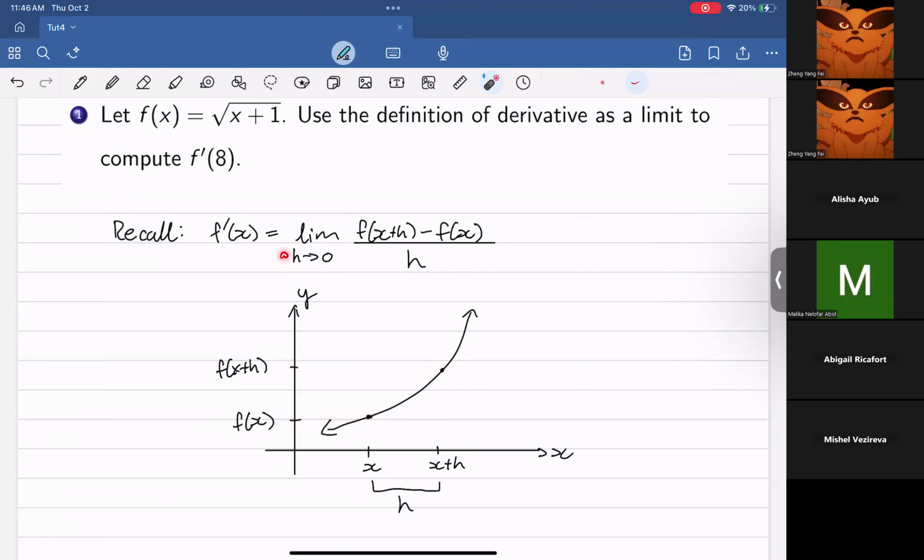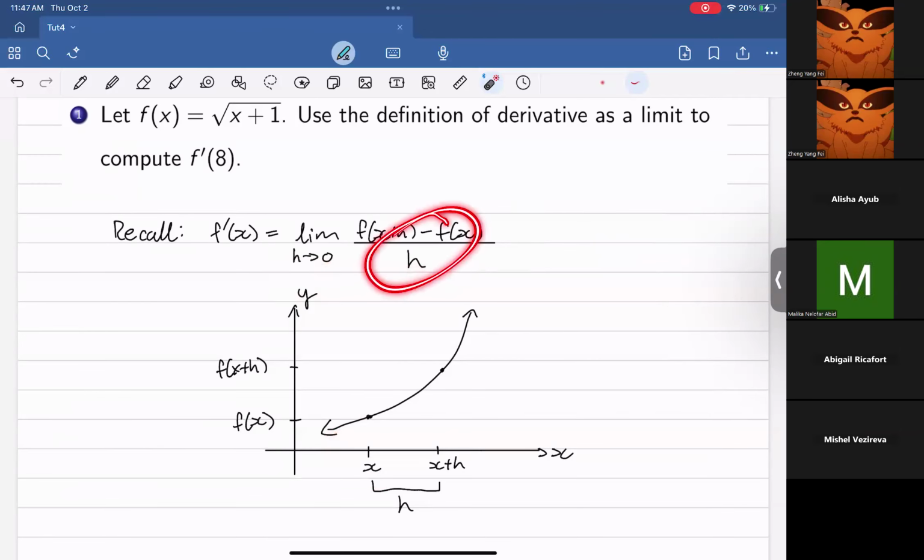So what we're doing with this limit is that we're looking at the distance between here divided by the distance between here, but we want to let h go to 0, which means that we want this to get smaller and smaller. So we basically want to shrink this closer and closer until it gets really close. So then we basically have a rate of change, right?